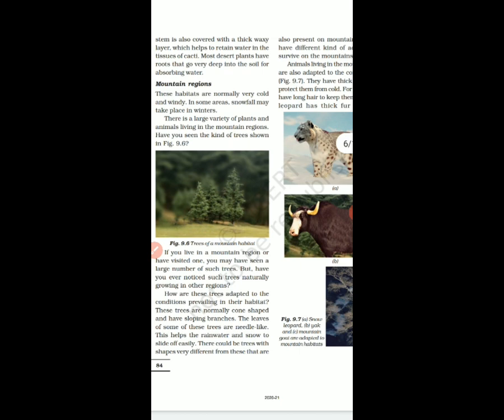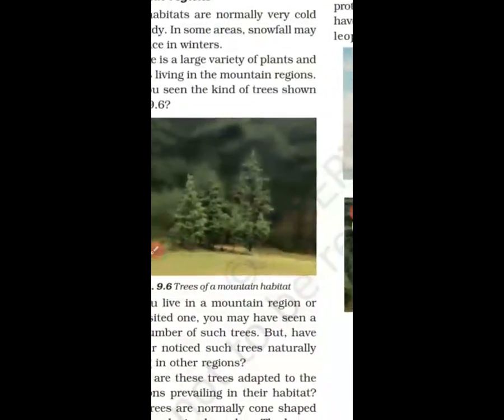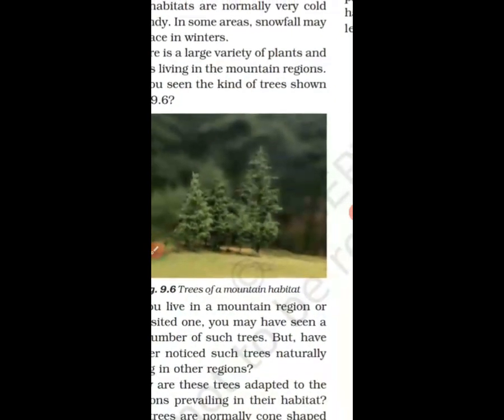Have you noticed any similarity between the plants in the mountain region? You can see these are the trees in the mountain region. How are they shaped? How are they adapted to the conditions in their habitat?